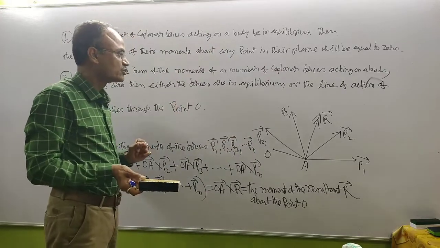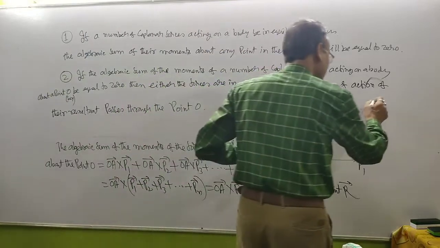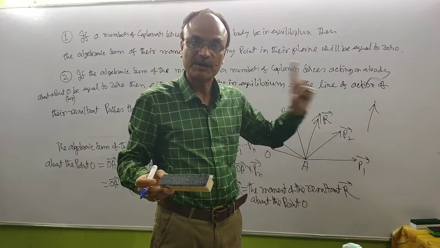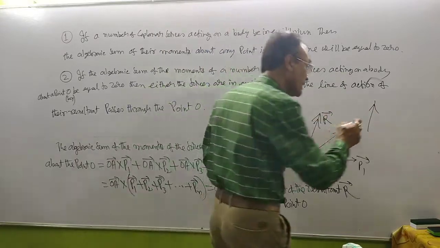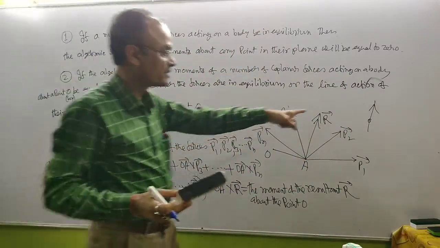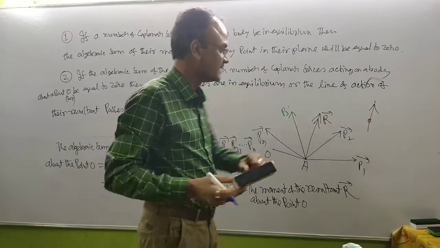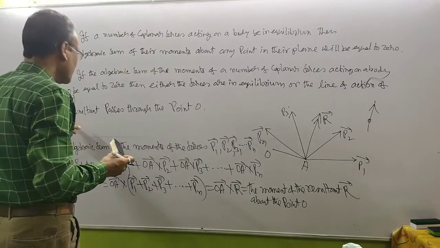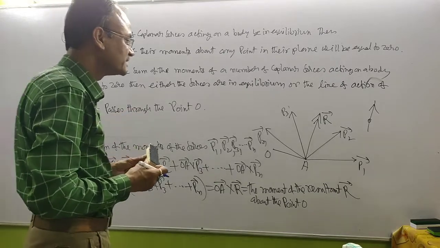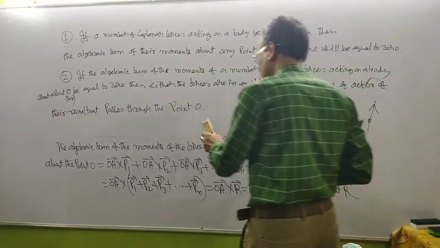If the moment of their resultant is 0, then either the force must be equal to 0, case number 1, or case number 2: the point must lie on the line of action of the resultant, so that the perpendicular distance of the point to the line of action of the resultant is equal to 0. Therefore, the line of action of the resultant passes through the point O. The two cases will arise. Now you have understood this one.